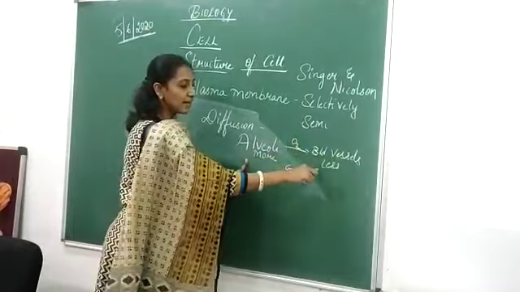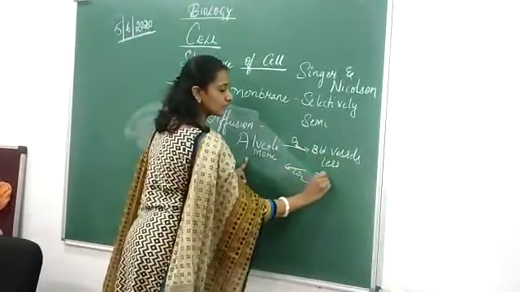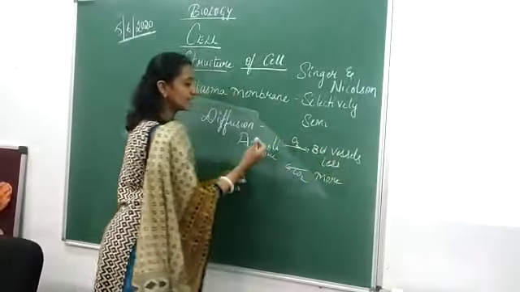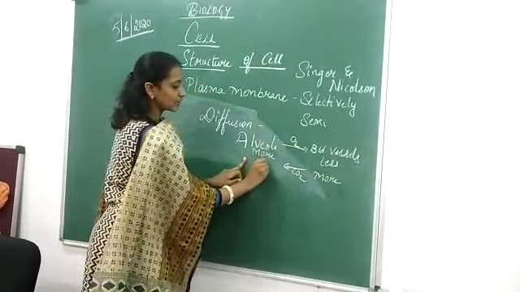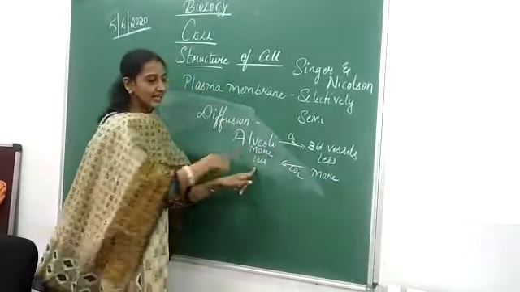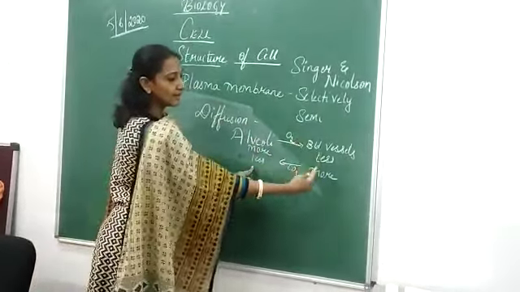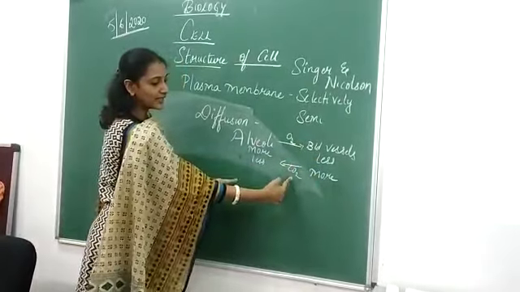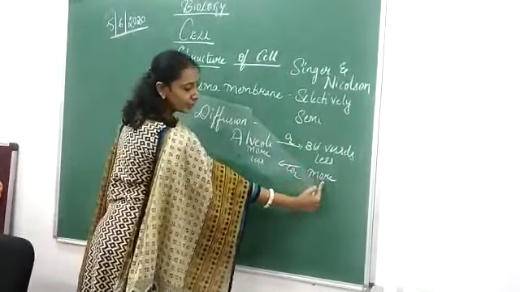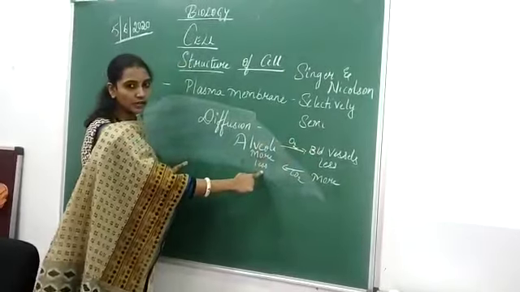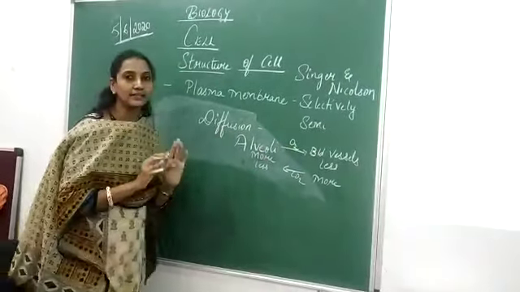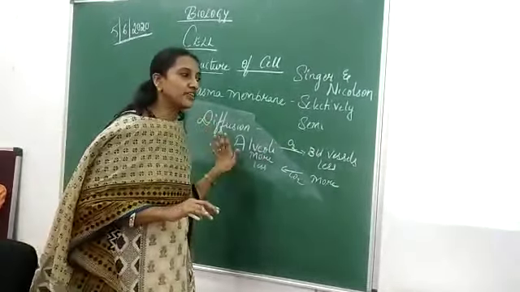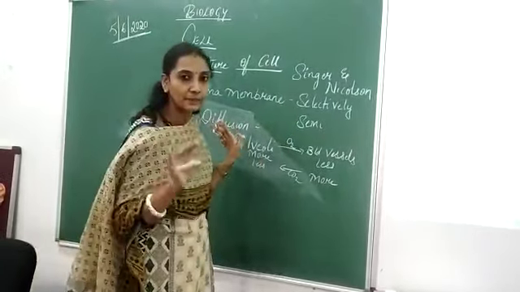In blood vessels the carbon dioxide concentration is more, whereas in alveoli it is less. Again, the movement of particles from a region of higher concentration to a region of lower concentration is diffusion. So children, the definition of diffusion is very, very important.